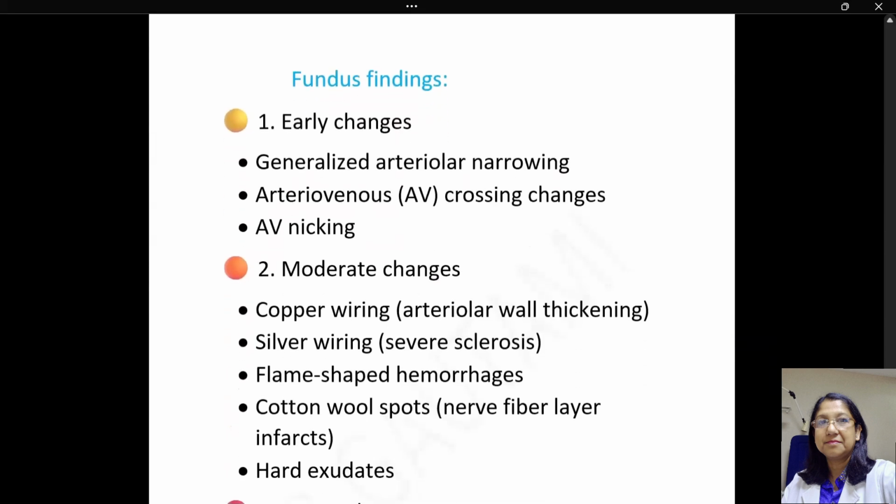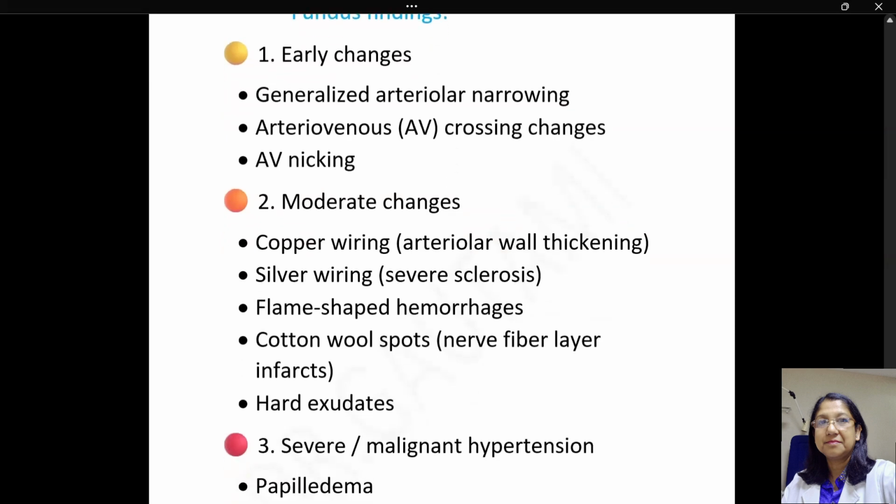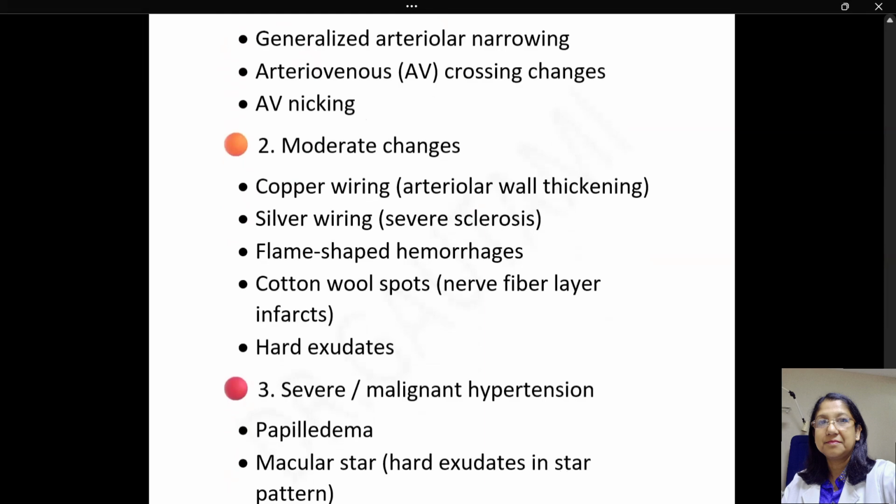Fundus finding in early stages, generalized arteriolar narrowing, AV crossing changes, AV nicking in case of early hypertensive retinopathy. Moderate changes, copper wiring, arteriolar wall thickening.